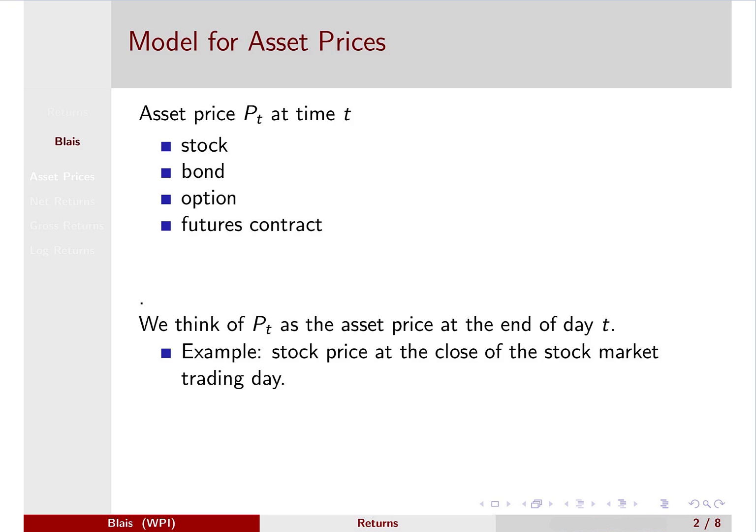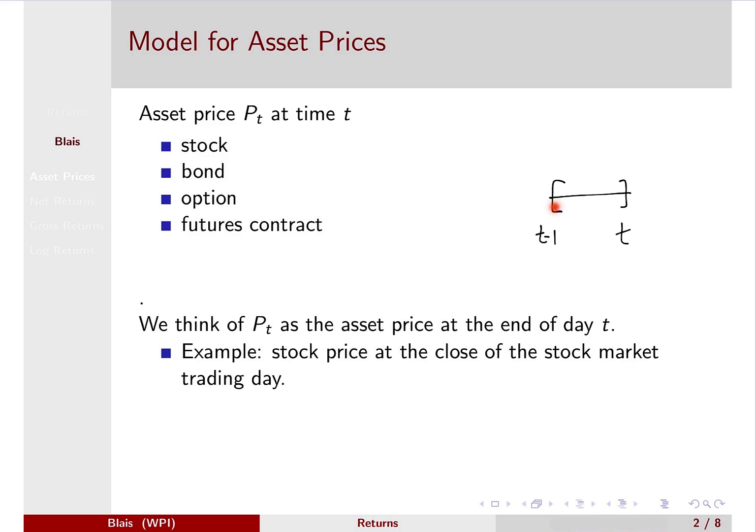And we are going to think of it as the price of an asset at the end of day t. So we're going to be thinking in terms of holding an asset from time t minus 1 to time t. And it will be natural for us to think of this as the tth day.